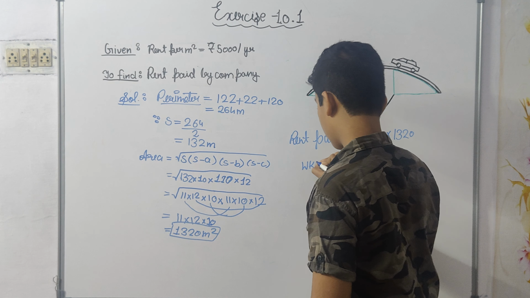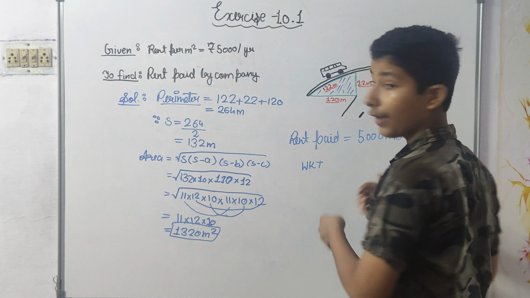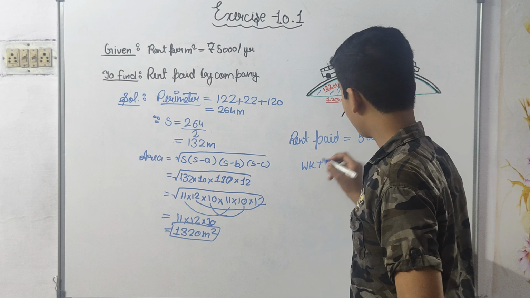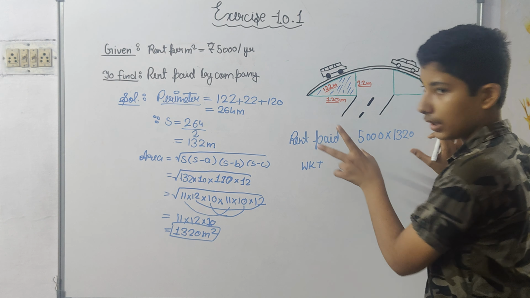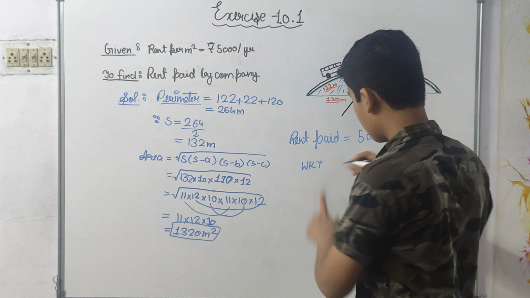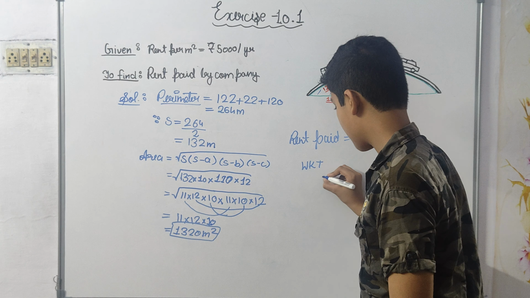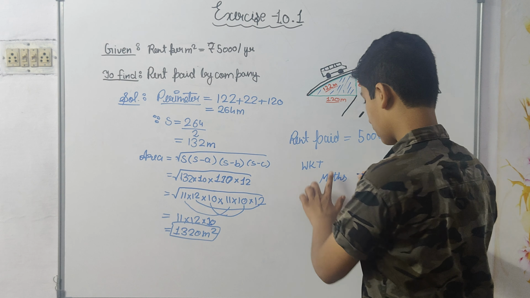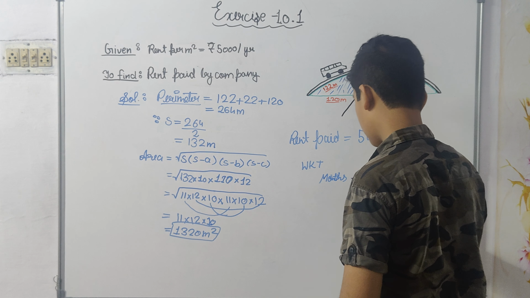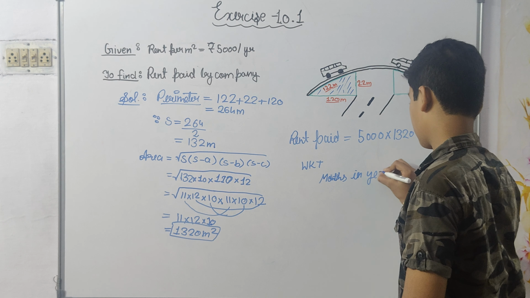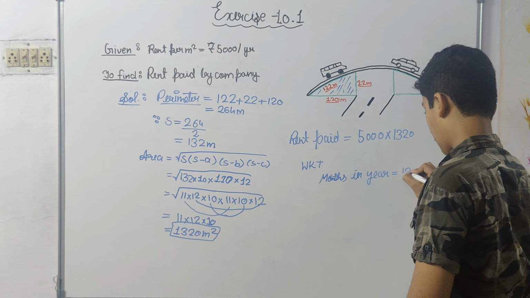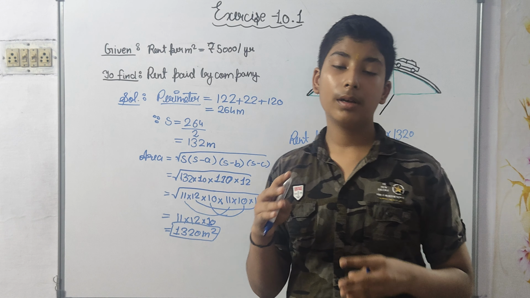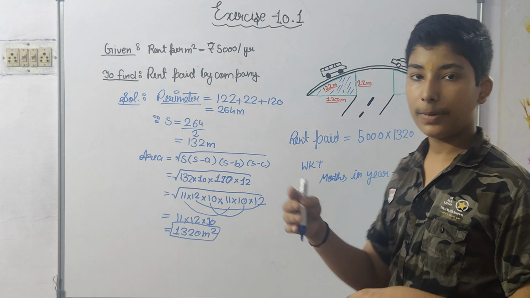We know that in a year there are total 12 months. Months in a year equal 12. So to find out the rent for 3 months, we'll multiply this by 3 upon 12.